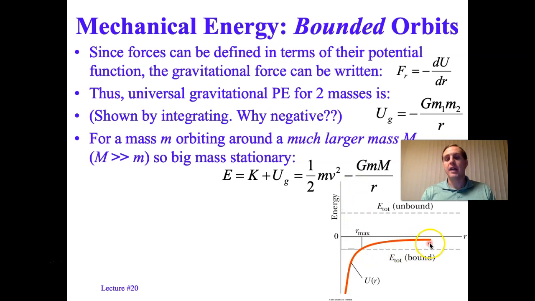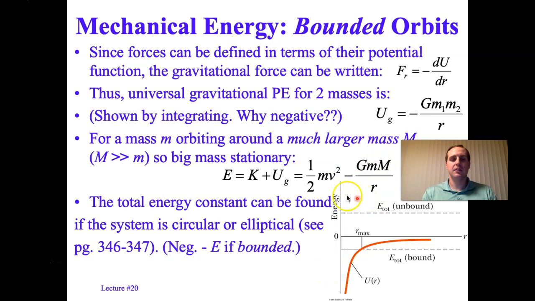So notice that as r decreases, you have a larger fraction here. But if you have a larger fraction with a minus, it becomes more and more negative. In fact, this approaches negative infinity when the objects are infinitely close, so to say. This is kind of theoretical, but you hopefully get the idea.